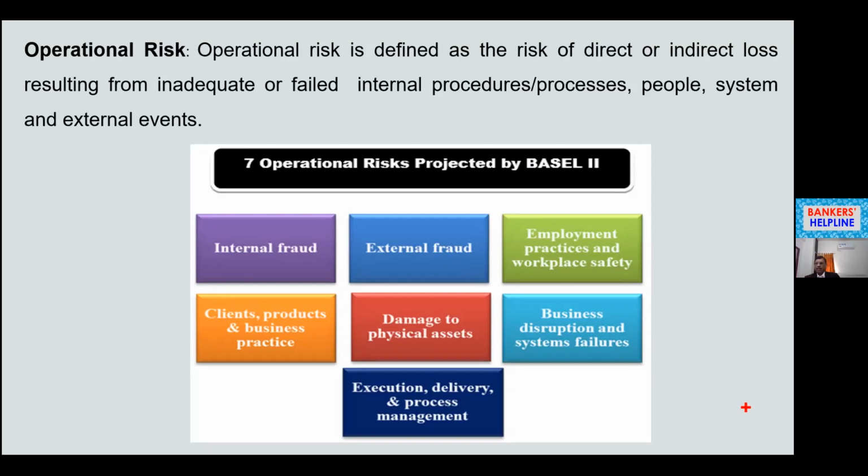So internal frauds. External frauds committed by the parties against the bank also cause losses to the bank. Then employment practices and workplace safety, the corporate governance, the discipline, the systems and procedures, all those things will affect compliances, will affect the level of operational risk.